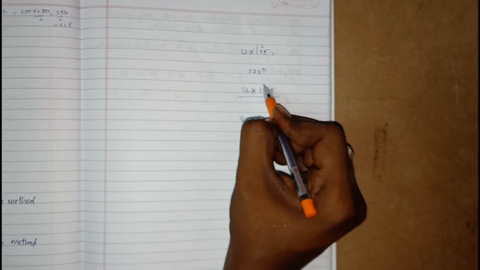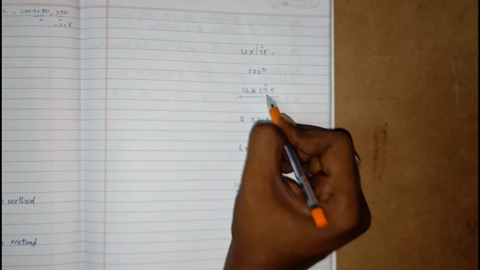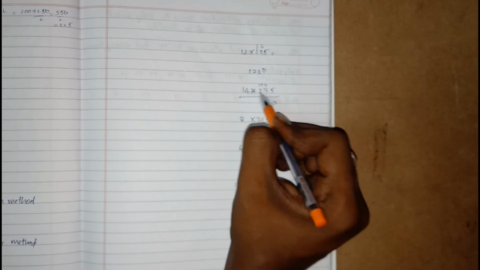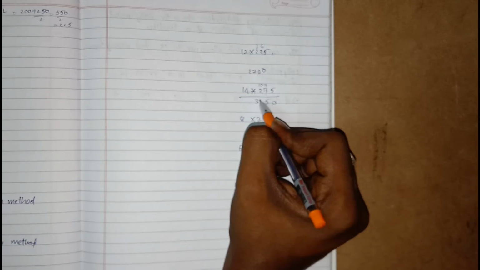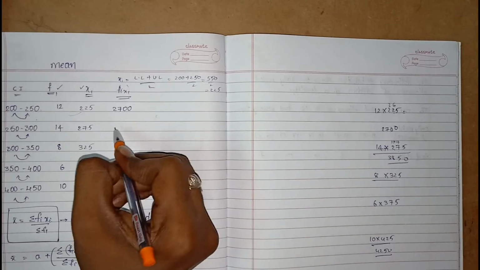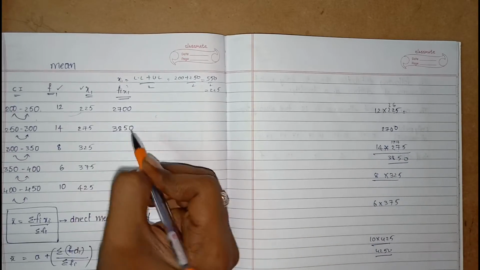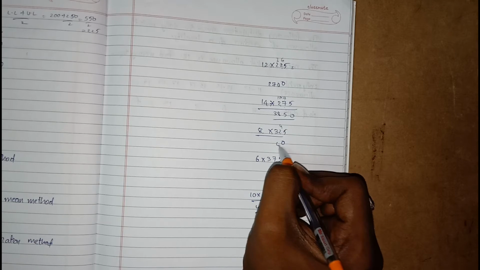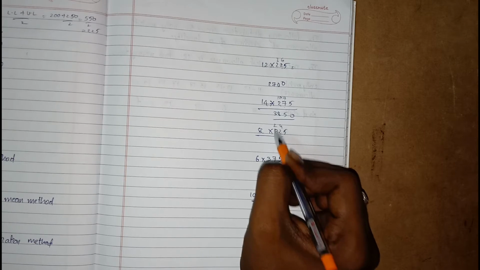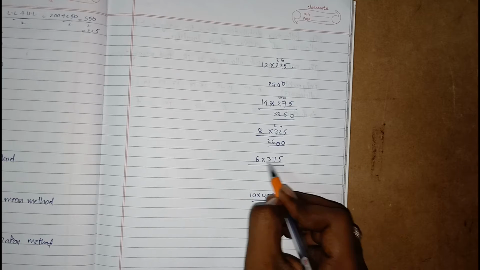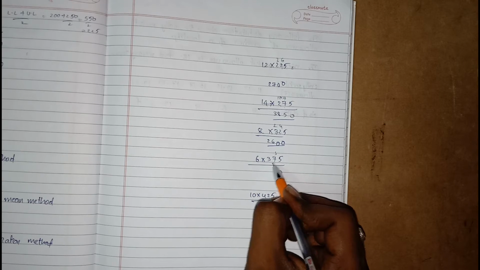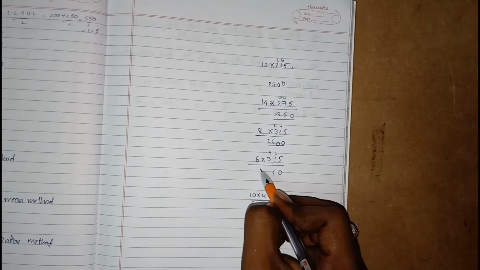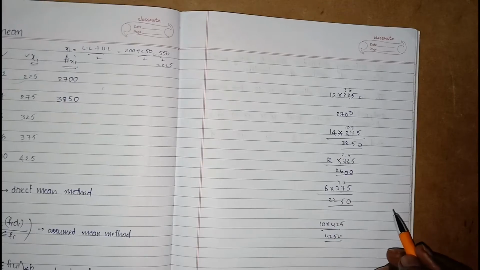Next, 14 5s are 70. 14 7s are 98 plus 7 is 105. 14 2s are 28 plus 10 is 38. So 3850. And 8 into 325: 8 5s are 40. 8 2s are 16 plus 4 is 20. 8 3s are 24 plus 2 is 26. So 2600. 6 into 375: 6 5s are 30. 6 7s are 42 plus 3 is 45. 6 3s are 18 plus 4 is 22. So 2250.